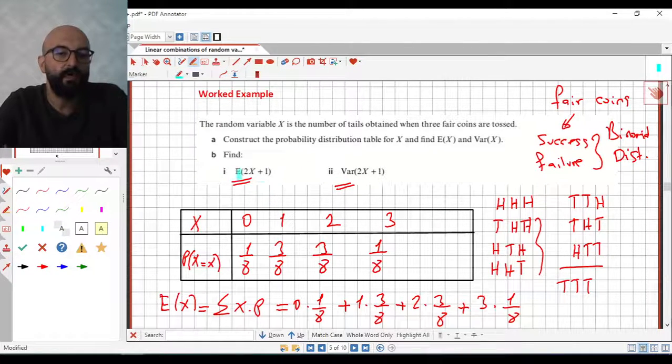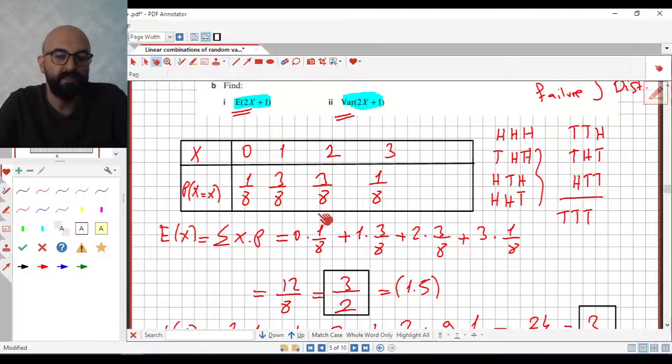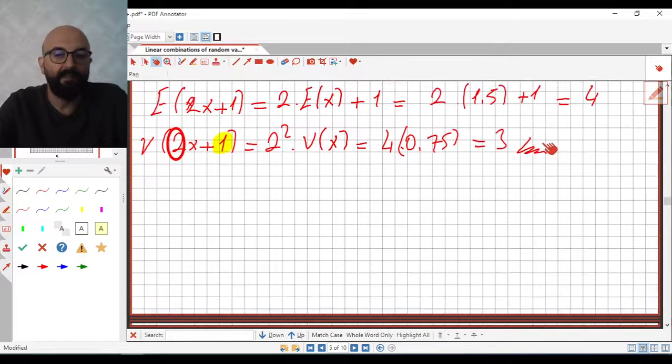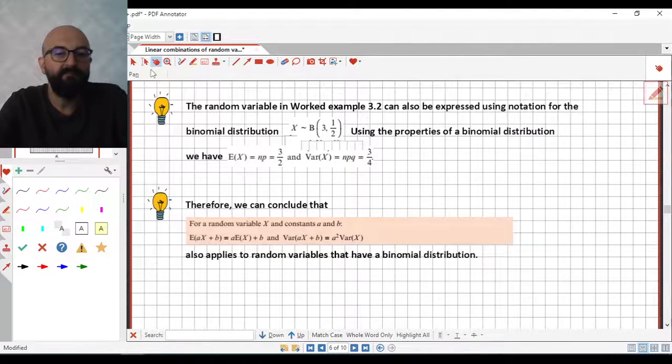In this situation, notice we can use the same process in the binomial distribution. And now the random variable in the worked example can also be expressed using notation for the binomial distribution.